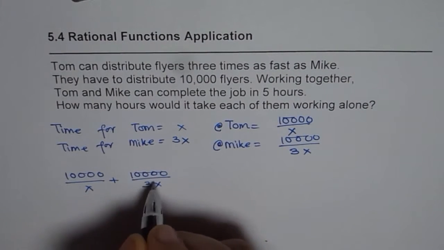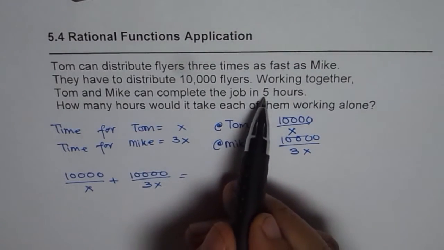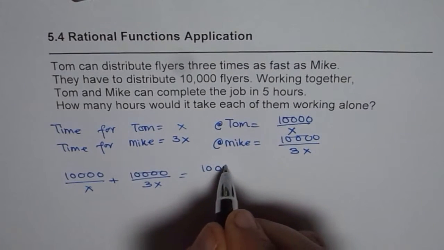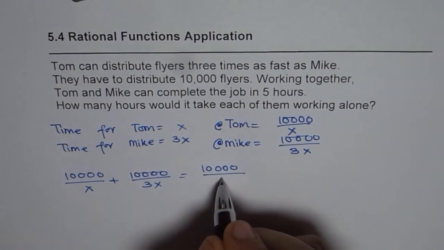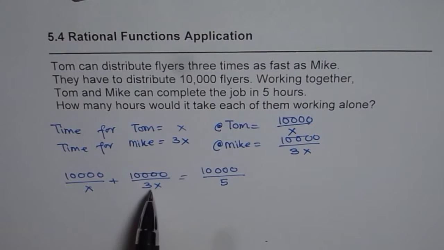Working together, this is their rate. Their together rate is they complete the job in 5 hours. The job is again 10,000 flyers, same job, right? By 5. So that is how you develop an equation.